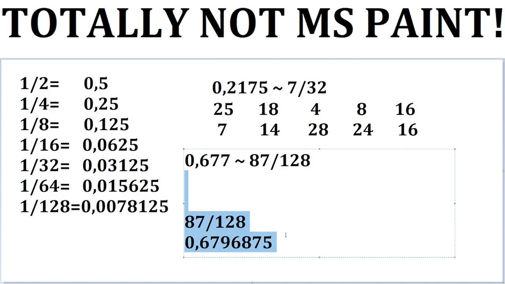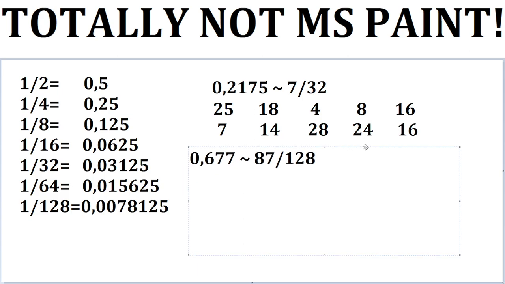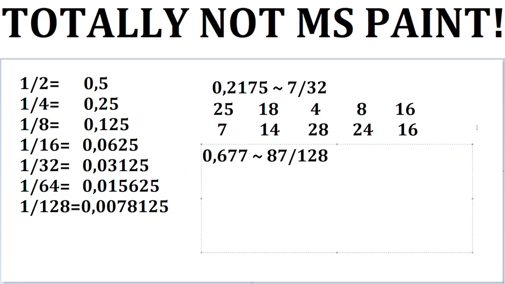And now, well, how do I fold this? Using the same strategy as before, I'm saying I want 87 parts of the paper to be on the bottom and the rest on top.